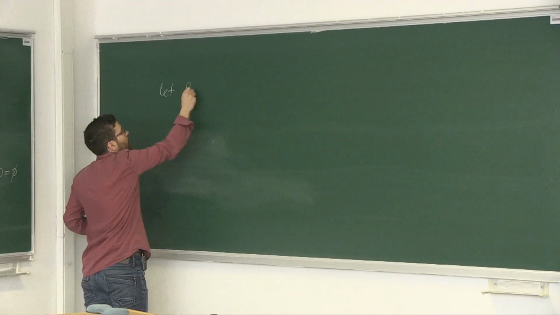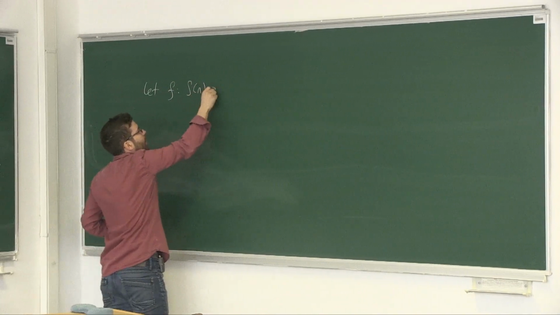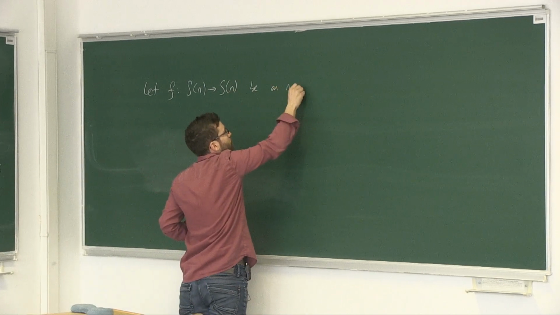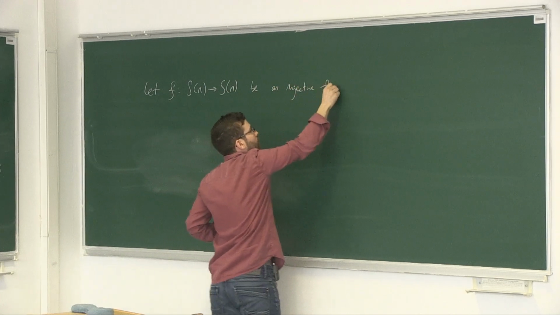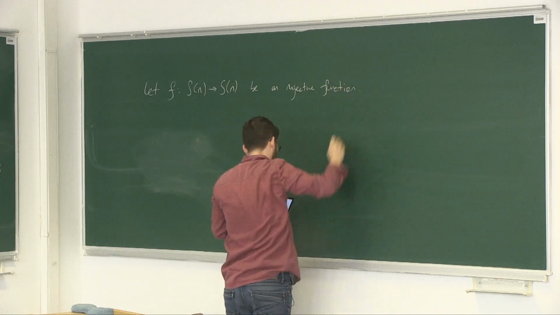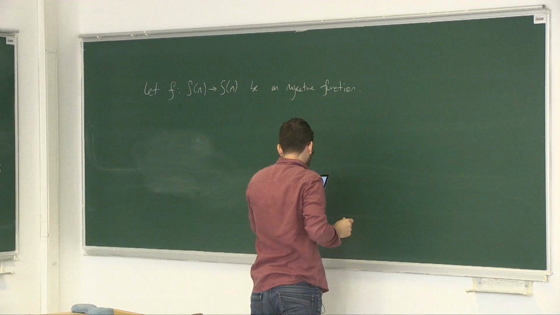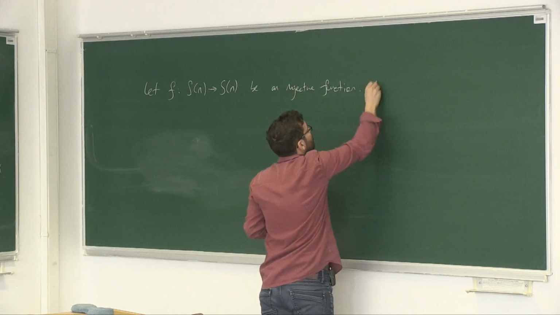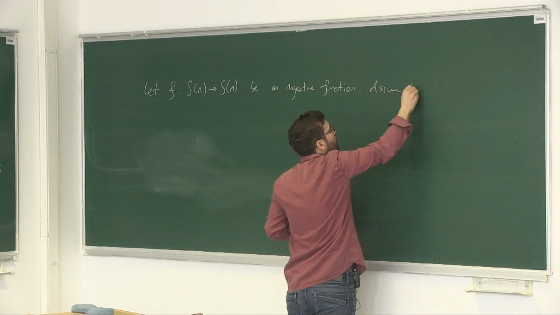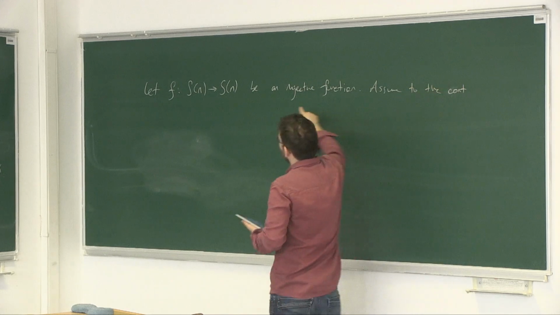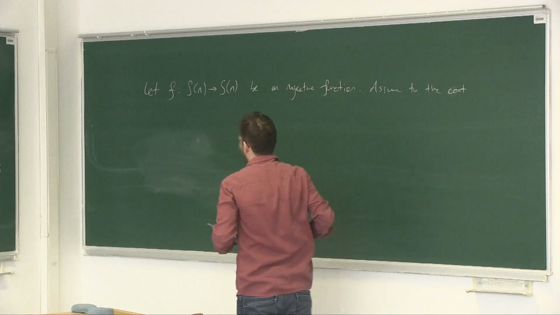So let f be an injective function. Okay? Assume to the contrary, we want to prove that this injective function is a surjective function.